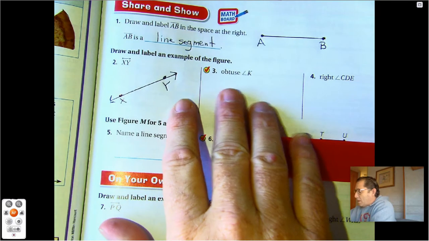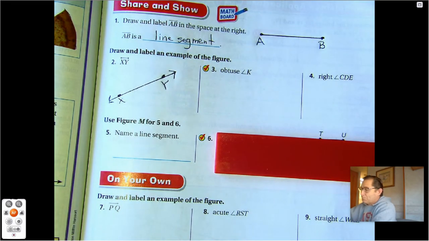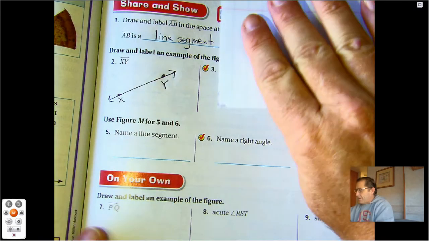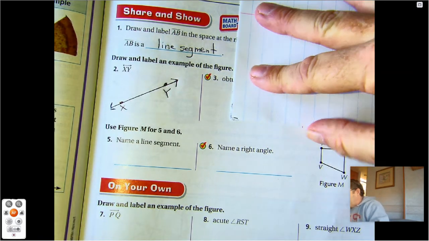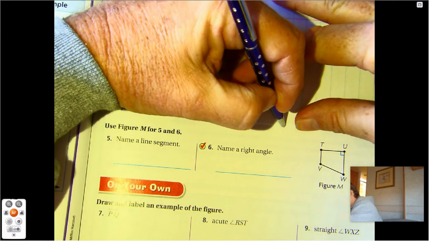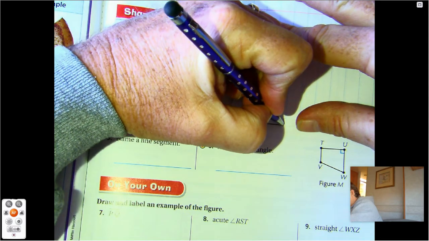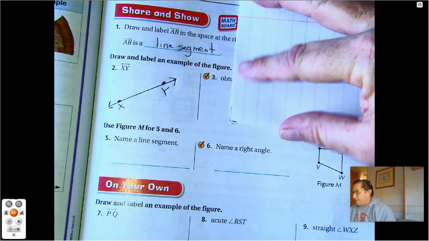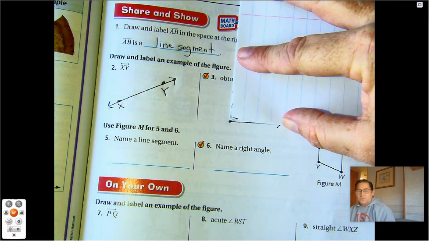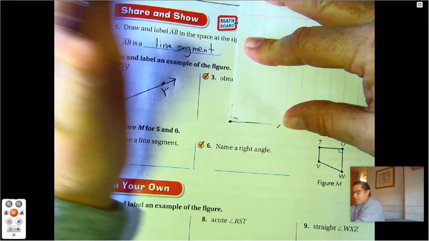All right, draw obtuse angle K. Well, if I was using my tool, I could draw the bottom part of the angle with this ray, okay? And it's an obtuse angle, so that means it opens wider than the corner of my piece of paper.